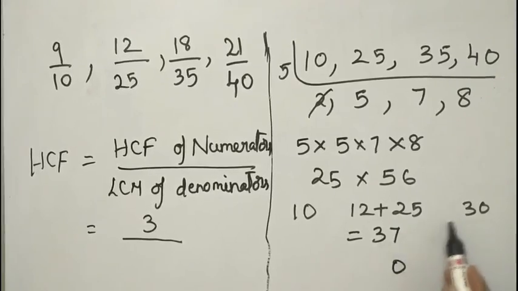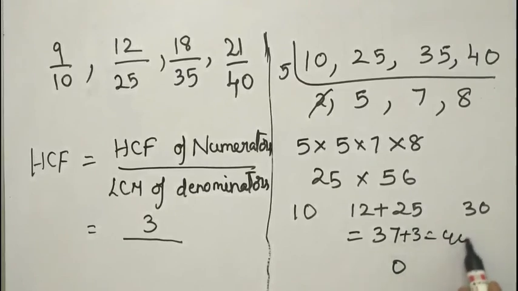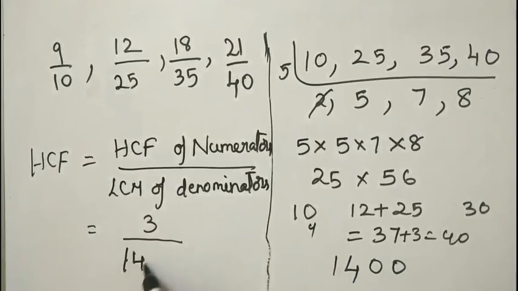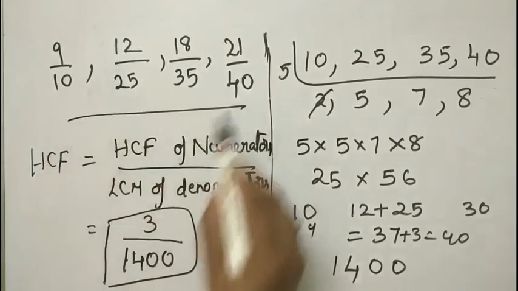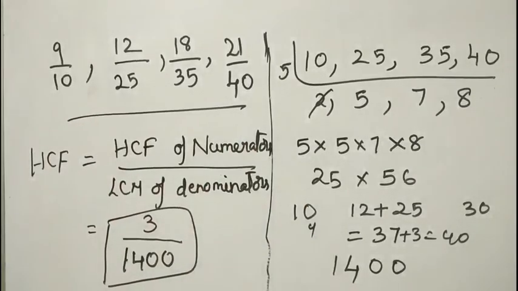Here, on carrying this 3 to here, it becomes 40. So write down here 0, carry this 4 to here, this becomes 14. So the answer is 1400. So write down here 1400. This becomes the HCF of these fractions. Okay. You have understood the HCF trick in different cases in this video.